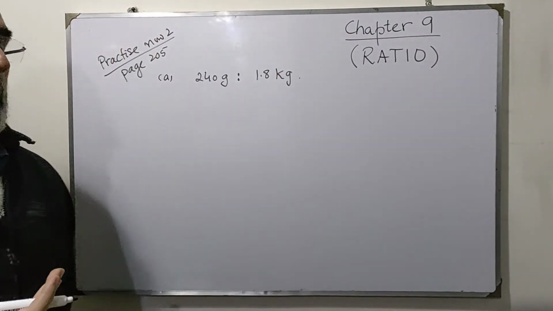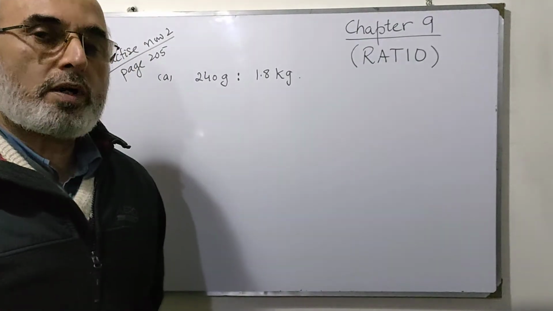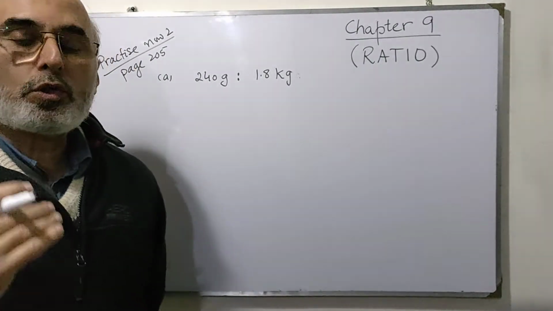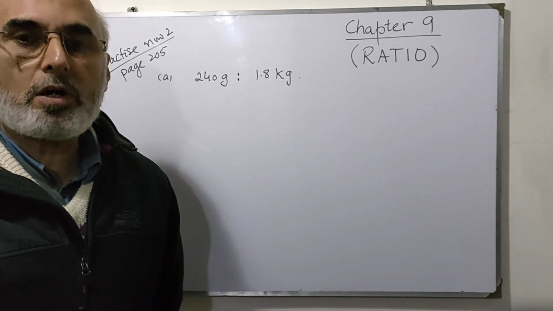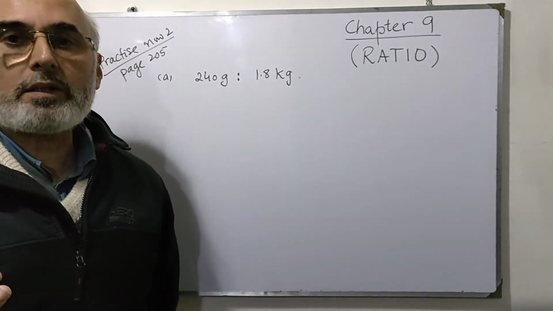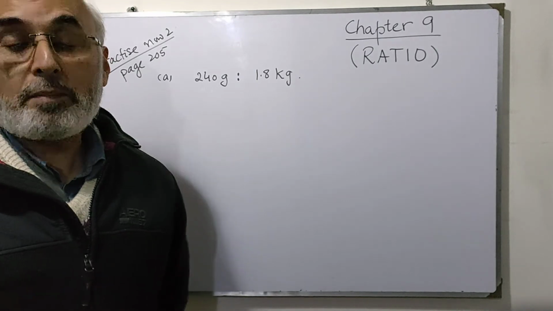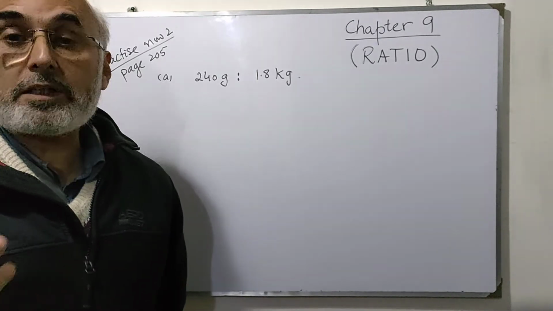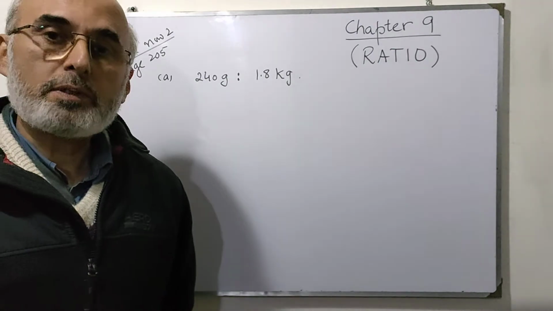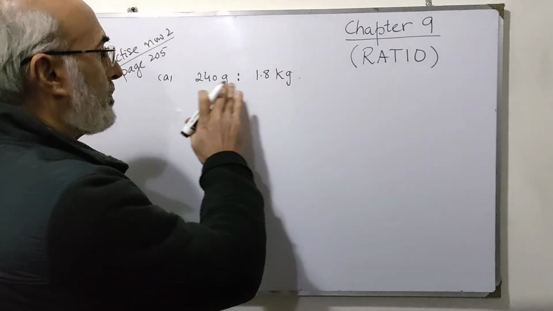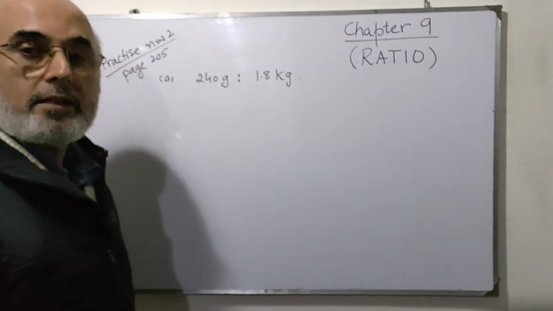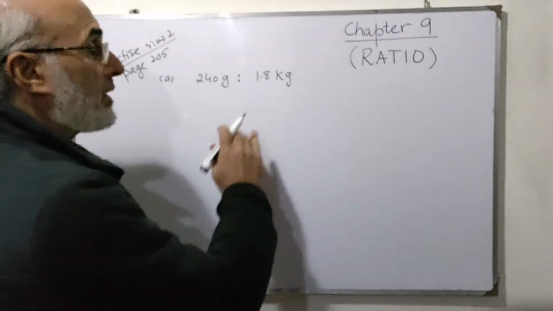Now, when we are comparing 2 quantities, the definition says the quantities have to be of the same type, and the unit of measurement of the quantities has to be the same as well. Okay. Now in this ratio, one quantity is in grams and another quantity is in kilograms.